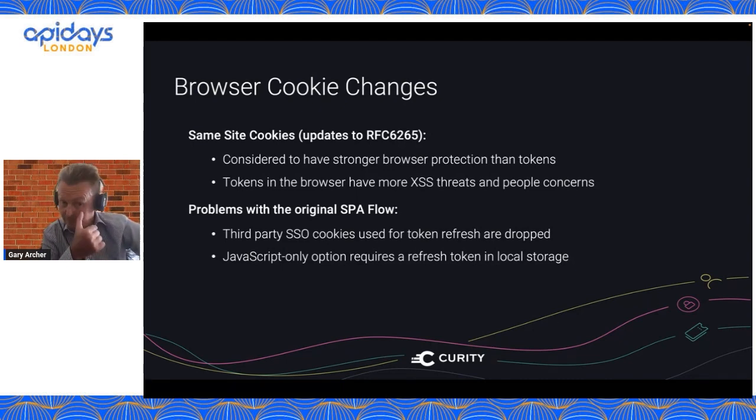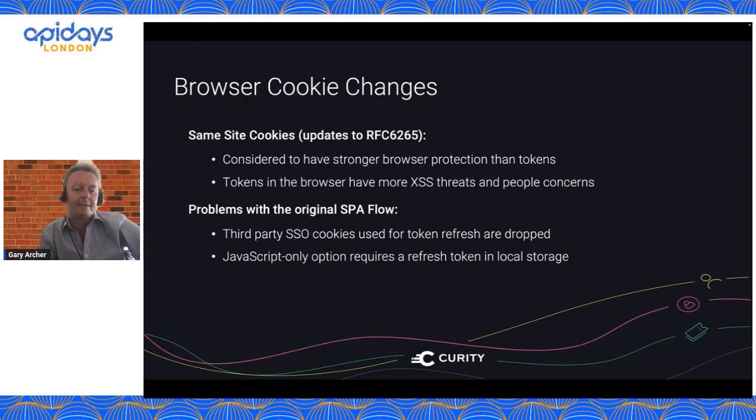So these cookie changes also introduce stricter restrictions on third-party cookies. And when you use OAuth, you use a third-party SSO cookie that the external system, the authorization server, issues. The original SPA flow, for example, used to have a way of doing token refresh by spinning up a hidden iframe and using the third-party cookies, but that no longer works.